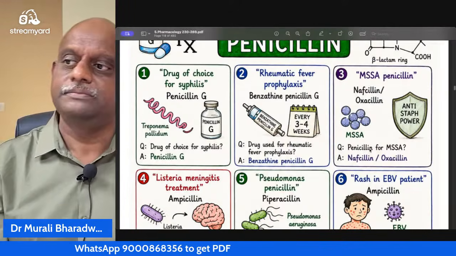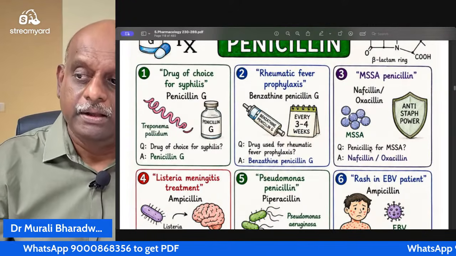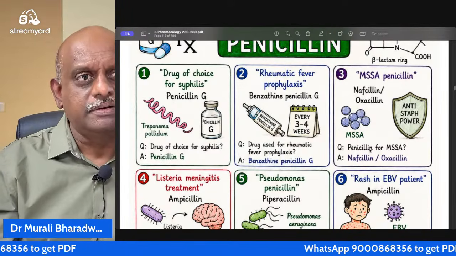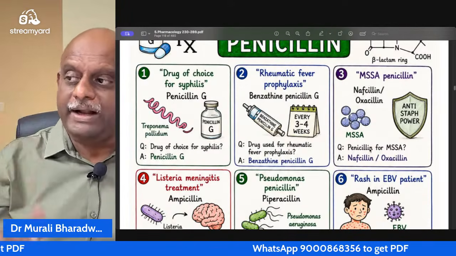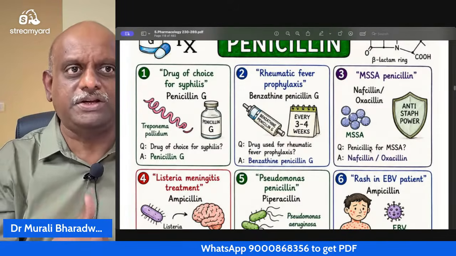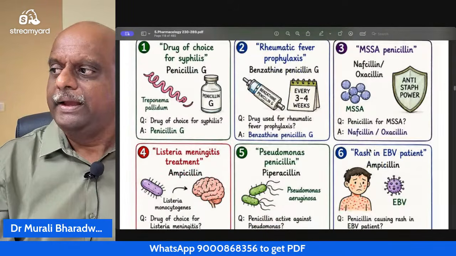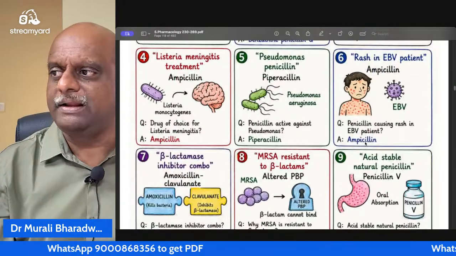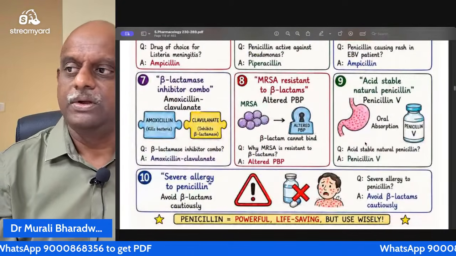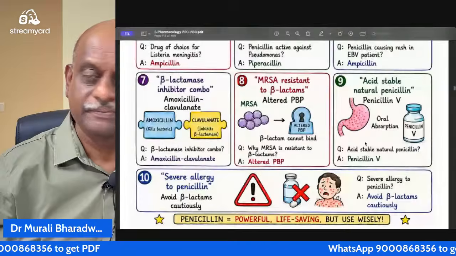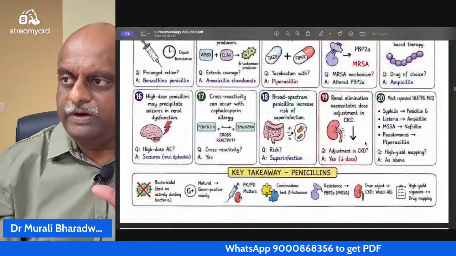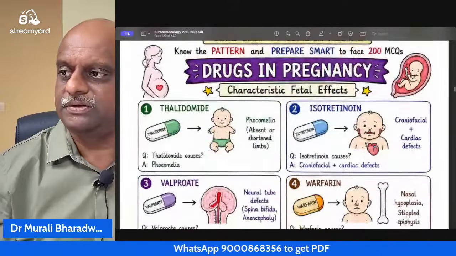Let us remember. Syphilis, penicillin G. Rheumatic fever, benzathine penicillin G injection. Then Listeria, ampicillin. Pseudomonas, piperacillin, which we already discussed. So I leave around 20 key points about penicillins.